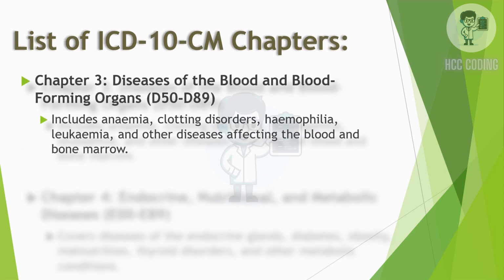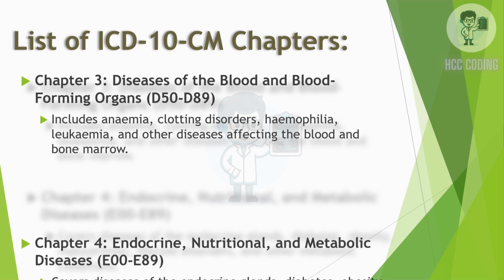Chapter 3 covers diseases of the blood and blood-forming organs, with code ranges from D50 to D89, which includes anemia, clotting disorders, hemophilia, leukemia, all completely blood-related disorders.